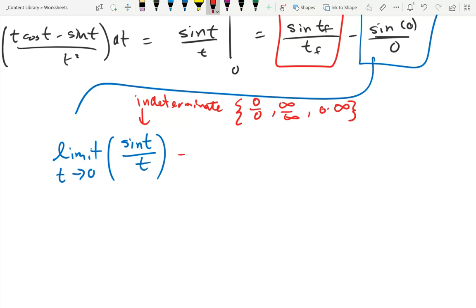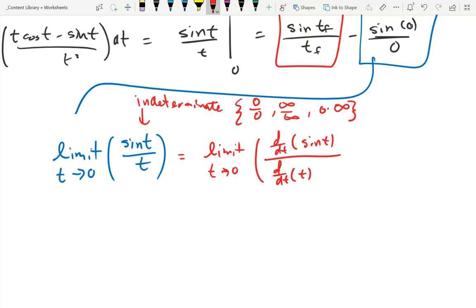Then this is equal to the limit as t approaches 0, or whatever value makes it indeterminate, of the derivative of the top, in this case the derivative of sine t, divided by the derivative of the bottom. The derivative of the top is cosine t, and the derivative of the bottom is 1.